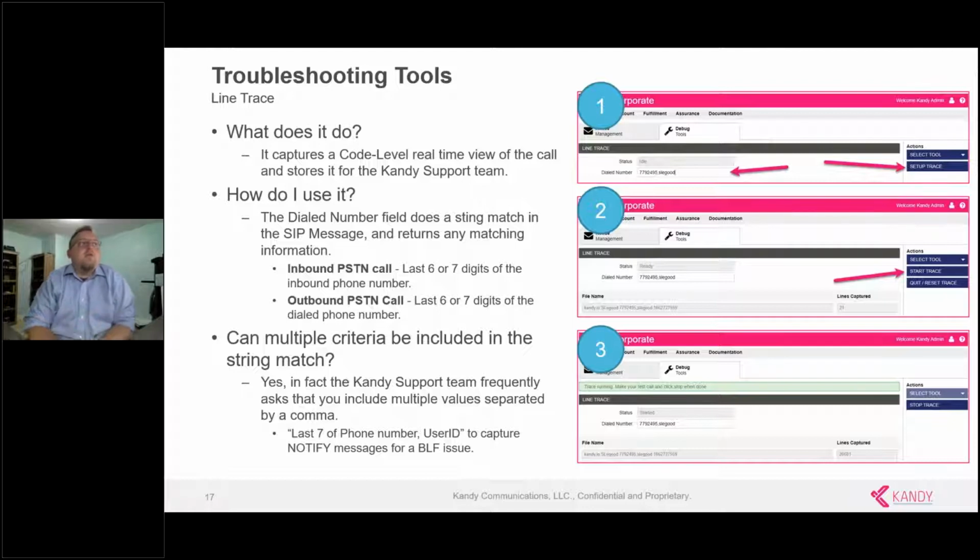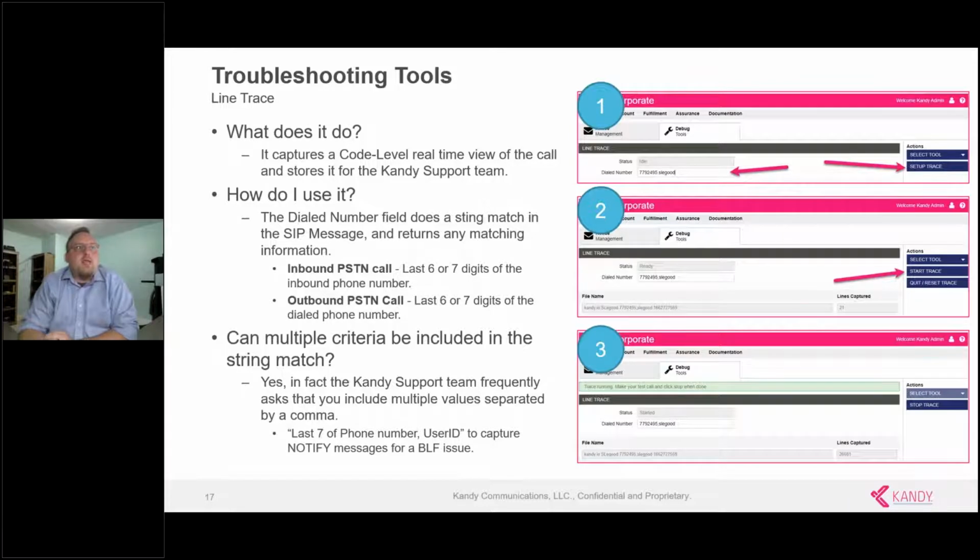You can certainly include the full telephone number, but the last 6 or 7 digits of the phone number is what we would recommend including. The very last thing here, you can do multiple matches. If you wanted to be more specific, you can include the telephone number, then a comma, and then the user ID to be more specific with what you're including in the trace.